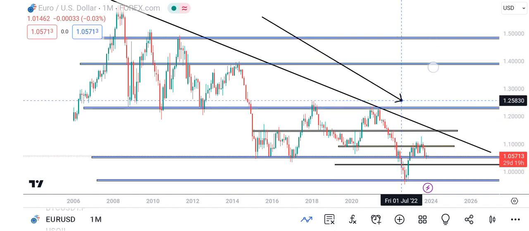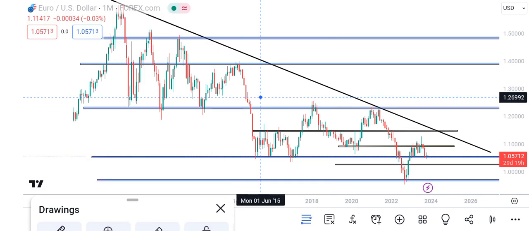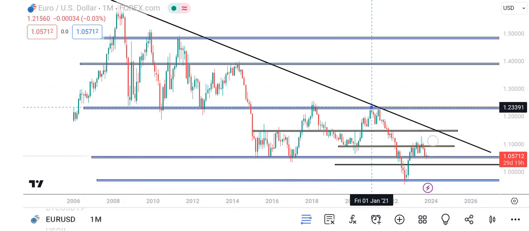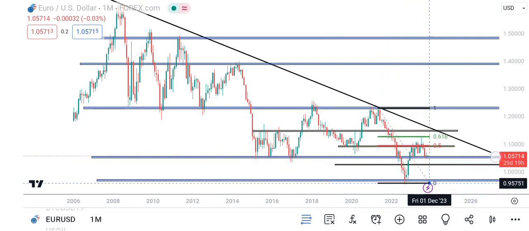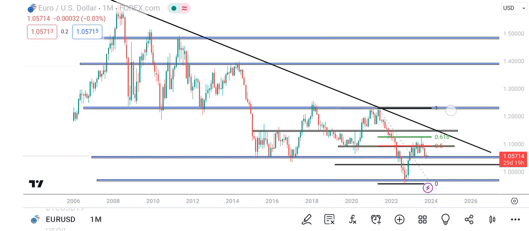Number four, if you bring out your Fibonacci and draw it from swing high to swing low, you're going to see that the market came into the Fibonacci.